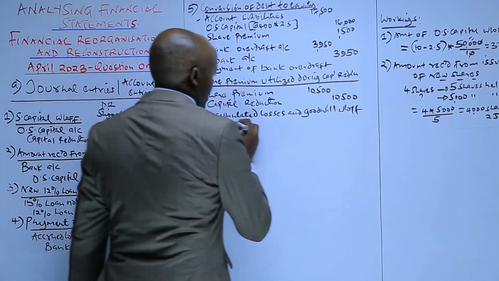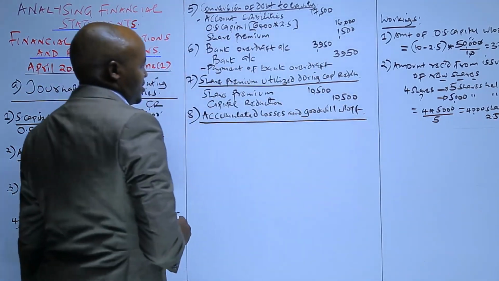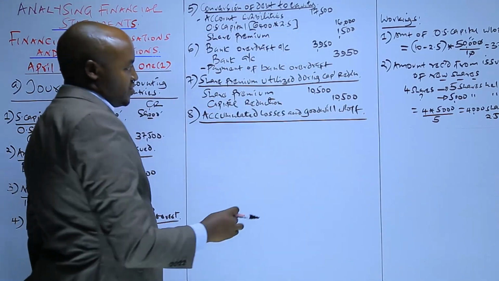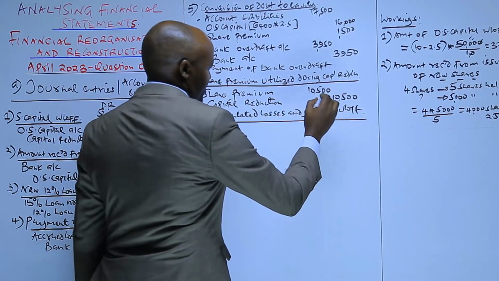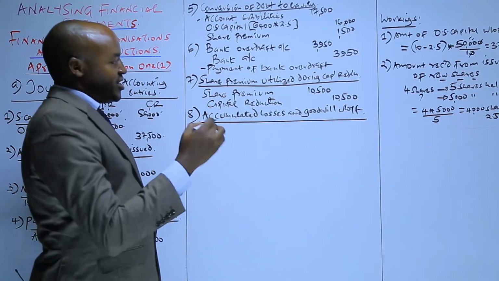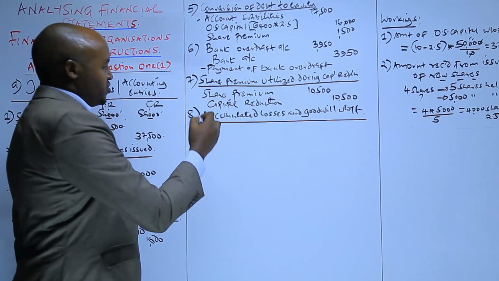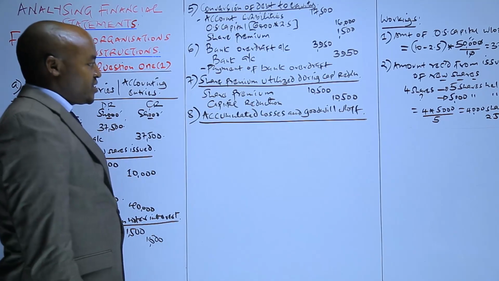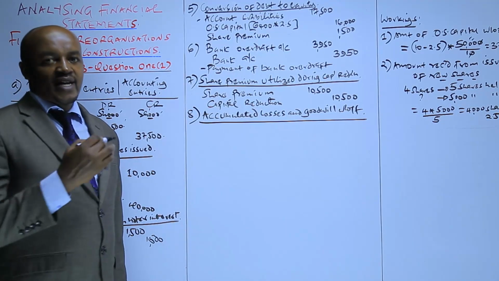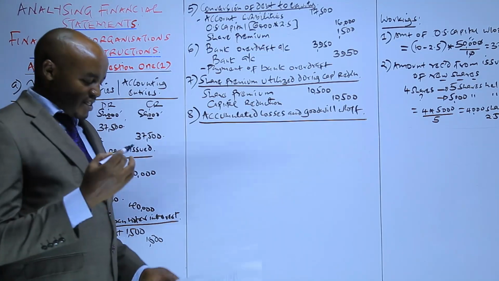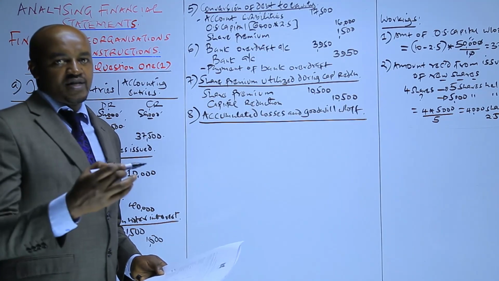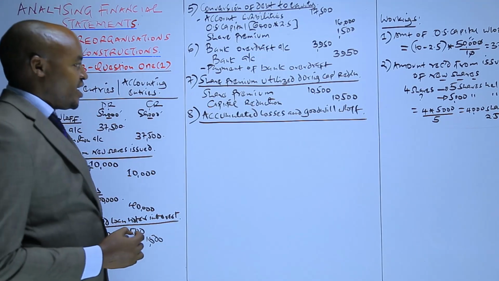To write off goodwill, because goodwill is an asset, you credit the goodwill account and then you debit the capital reduction. To write off the accumulated losses, equally, the accumulated losses account has a debit balance. You credit that account and then you debit the capital reduction.